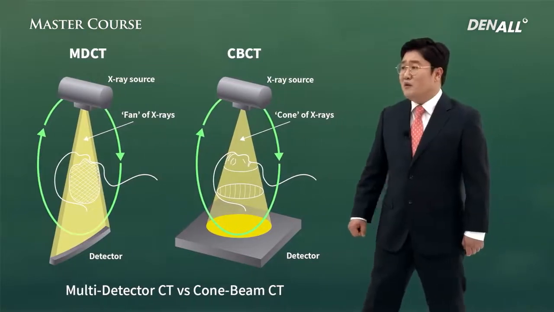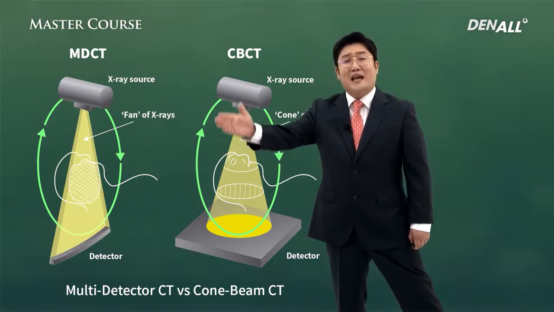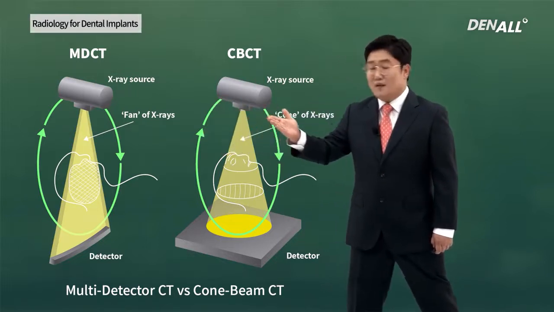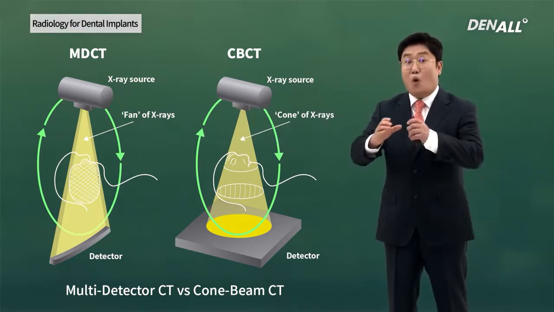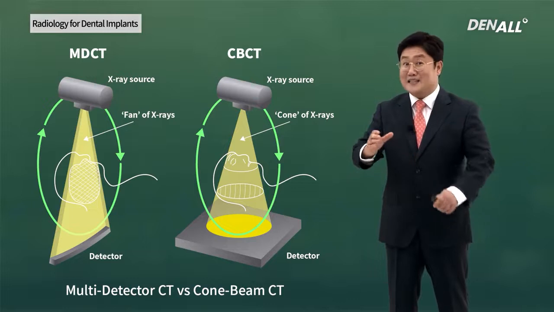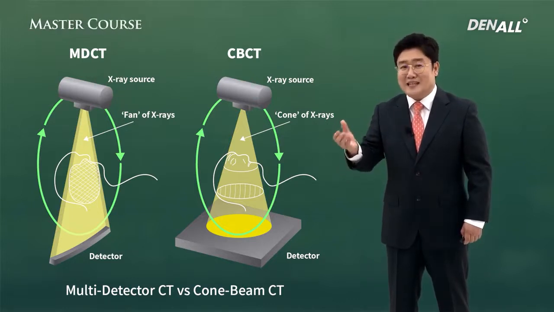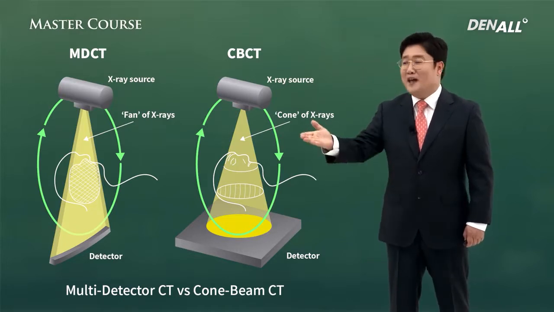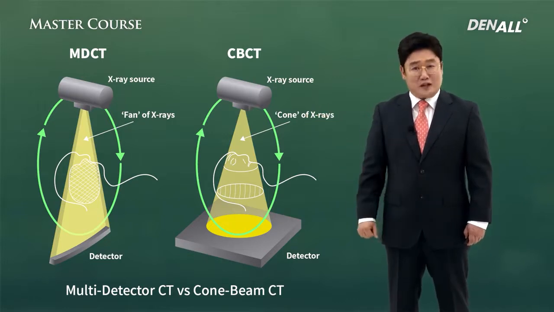In the case of conventional CT, like this, very thin fan-shaped X-rays are integrated step by step. In the meanwhile, cone beam CT uses very thick ice cream cone-shaped X-rays. So in a short period of time, finer information can be acquired. Cone is ice cream cone, therefore it is named cone beam CT.